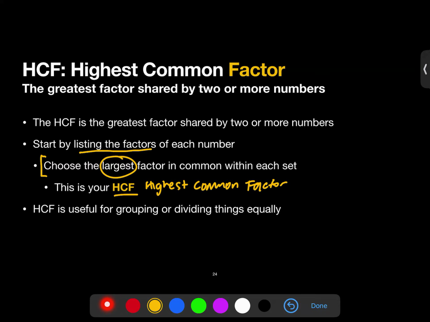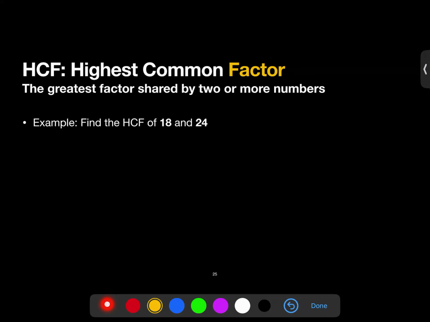So now let's see some examples. Here we want to find the highest common factor of 18 and 24. So we'll start by finding the factors for 18, then we'll find the factors for 24, and we will compare.